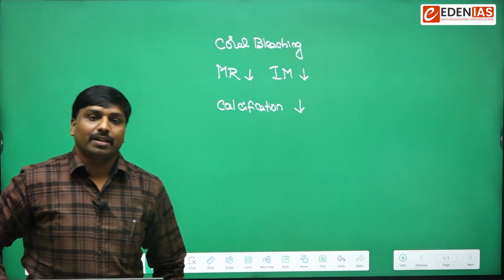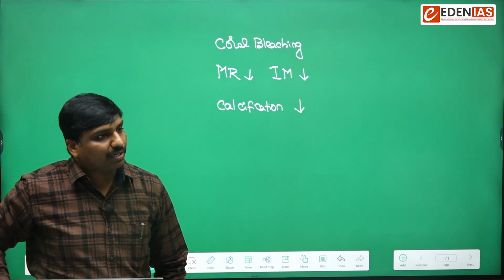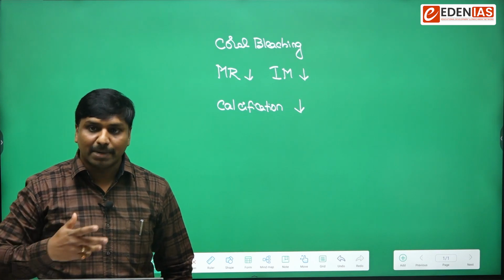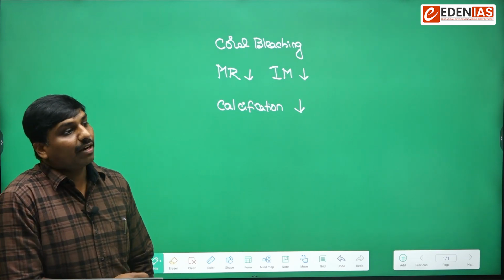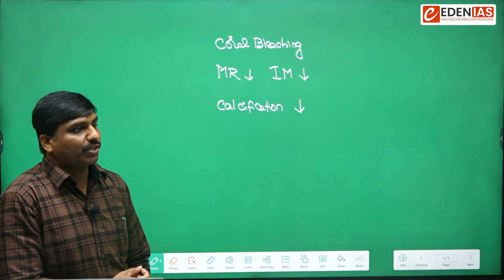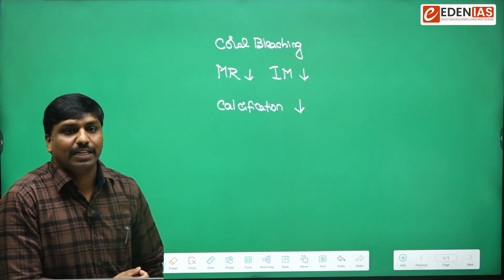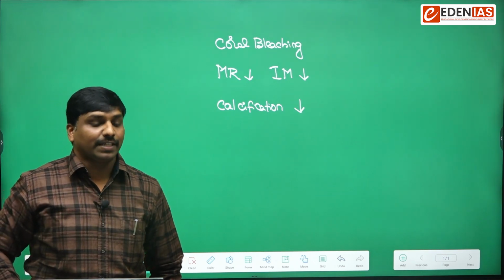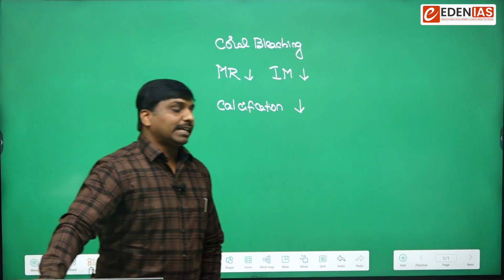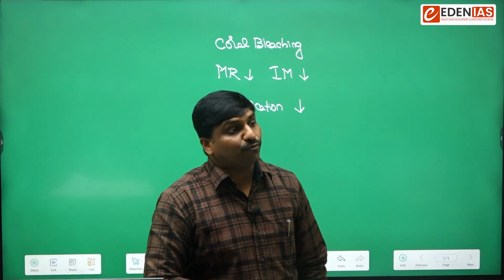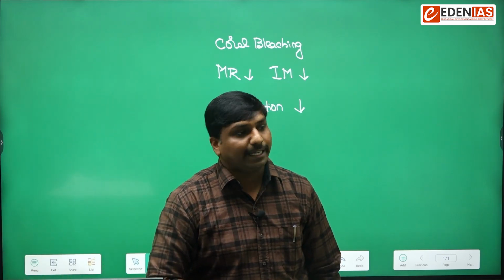Calcification of marine animals, whether corals, oysters, or mussels, would be disturbed. So that is one thing. And apart from this, we can also witness disruption with respect to food chains and food webs of the oceans.